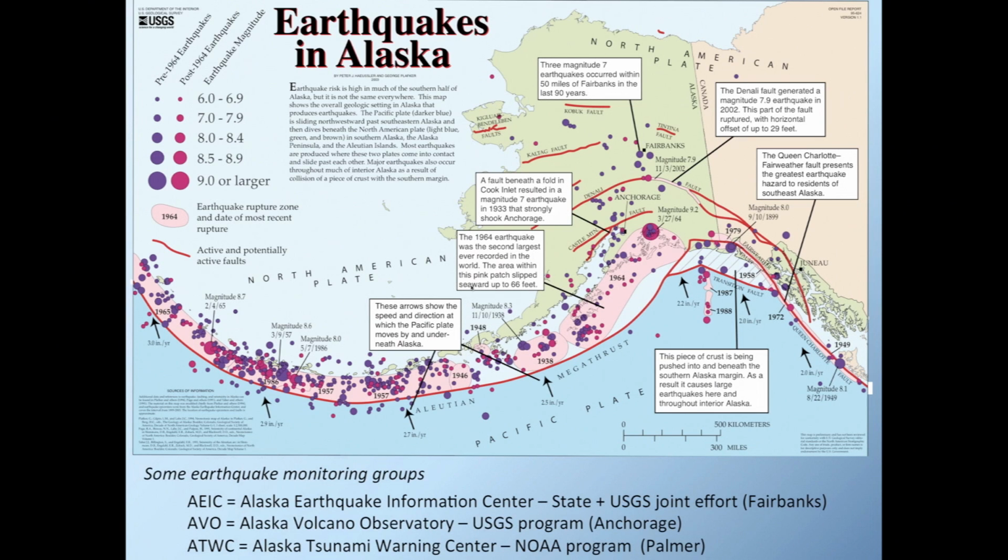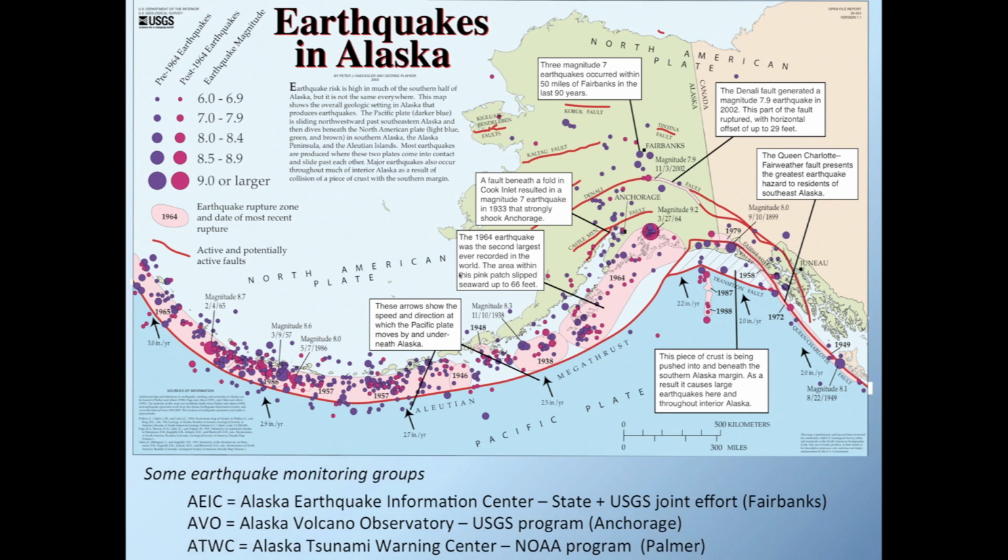I'm just going to take a minute here as a resource to point out that there are several groups involved in looking at earthquakes and earthquake hazards in the Alaska-Aleutian region. The Alaska Earthquake Information Center is run through the state. The U.S. Geological Survey out of Fairbanks. The Alaska Volcano Observatory out of Anchorage has this mission to monitor a lot of the major volcanoes up and down the Aleutians, or all of them.